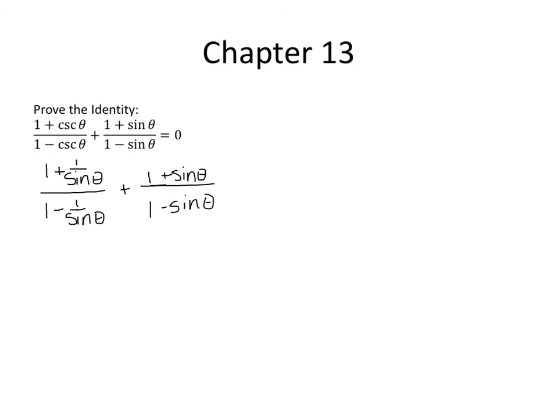Then what I would do is I would multiply the numerator and denominator by sine. And the reason is because multiplying by sine over sine means you're really multiplying by 1. When you distribute, this will become sine, this will become 1, so it actually gets rid of these two fractions.